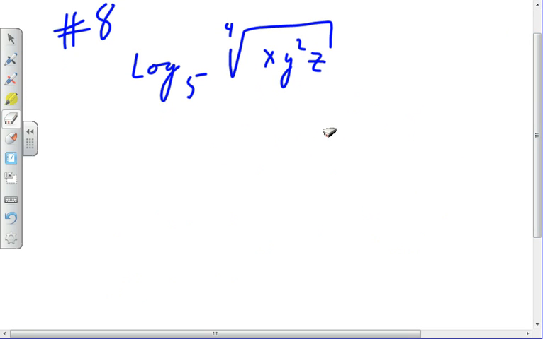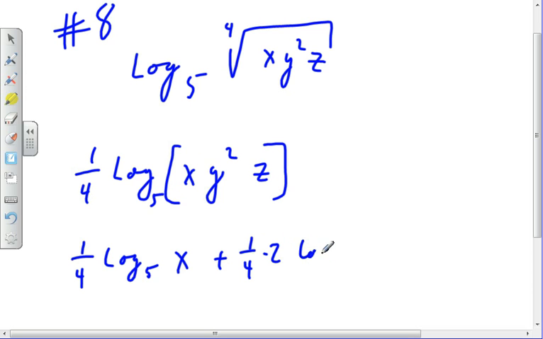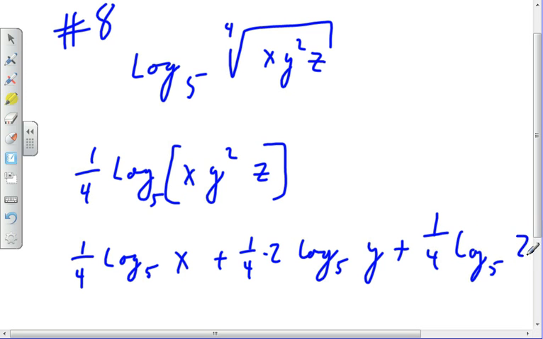Anyway, so we're going to rewrite the problem and say this is 1/4 the log base 5 of x y squared z. And then that's going to be 1/4 log base 5 of x plus 1/4 times 2 log base 5 of y plus 1/4 log base 5 of z.